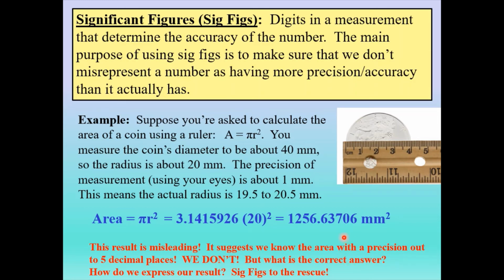How should we write this number? This is where we're going to use sig figs to come to the rescue and tell us how to write this number correctly, showing the precision or lack of precision in our measurement. We'll return to this example a little bit later when we talk about doing calculations like this with sig figs.